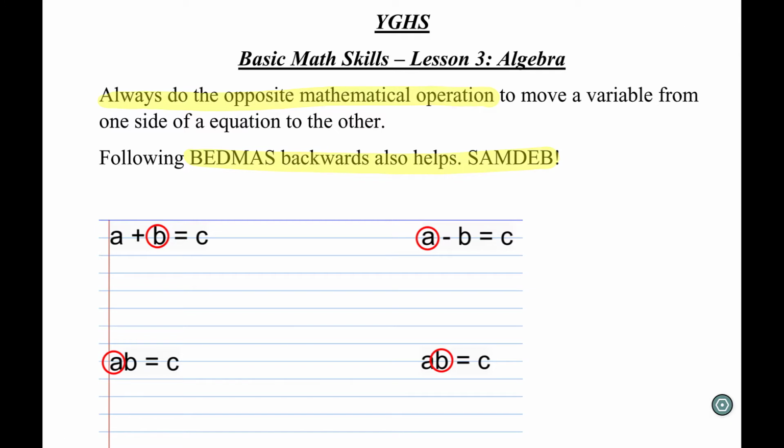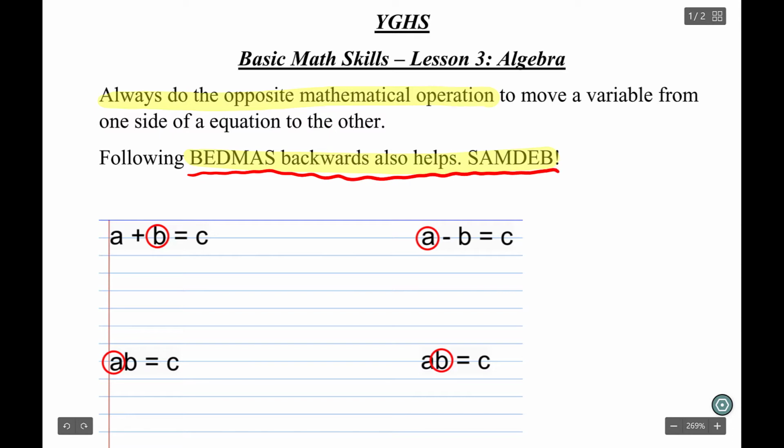So rather than starting with brackets, we usually start with subtraction and addition, and we work back the other way. It's not a perfect thing to say, but a lot of the time it actually does help.